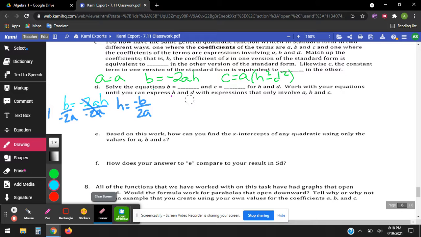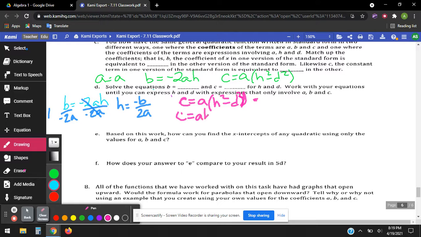Let's write that a little clearer. Okay, c equals a parentheses h squared minus d squared, and that's all in parentheses. Well, first let's distribute out our a. So c equals ah squared minus ad squared.